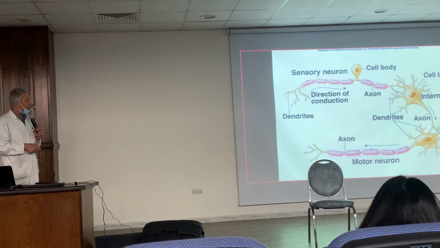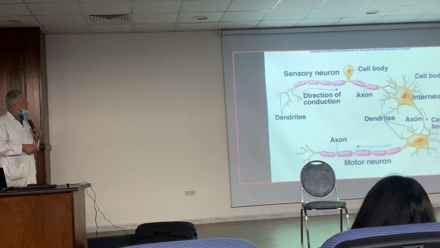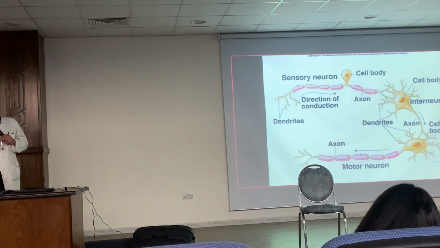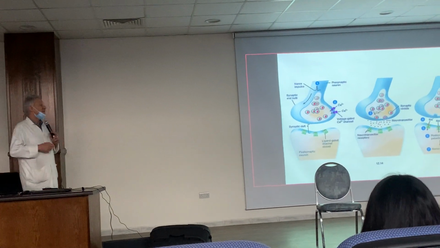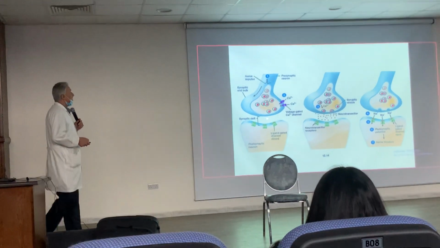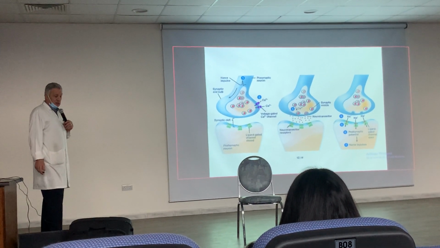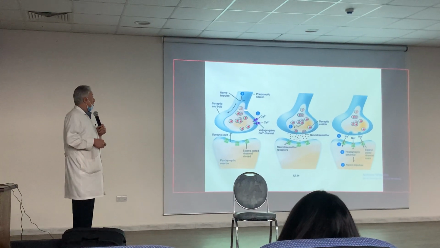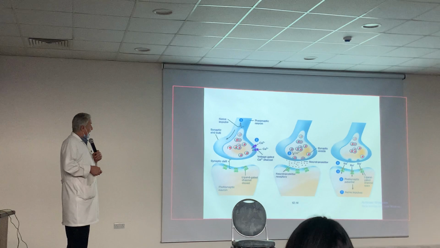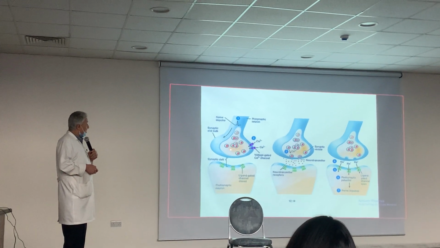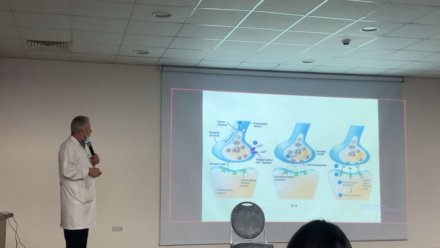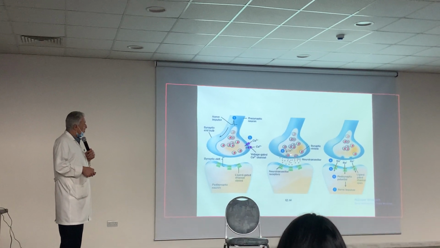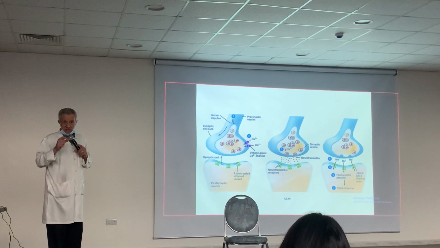So finally, we have here terminals where we have neurotransmitters, and these terminals are releasing that neurotransmitter. How? I think you remember once we talked about vesicular transport, we said we have vesicles here filled with neurotransmitters. Once we have an action potential reaching these terminals, it causes more vesicles to fuse with the membrane.